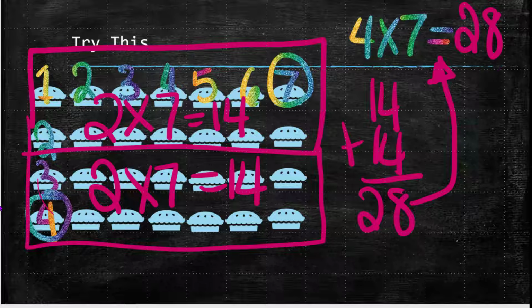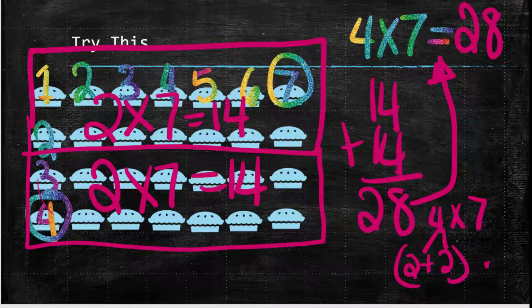That's the break apart strategy. Remember, if we have a large number to work with, we can choose to break it apart. I could have broken this apart by 3 plus 4. Or in this case, I chose to break apart the 4 instead. So the 4 was 2 plus 2.